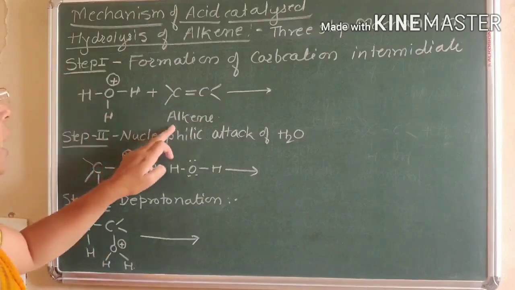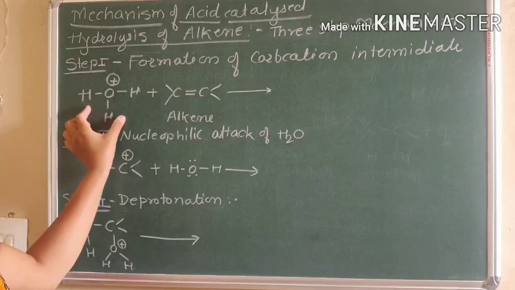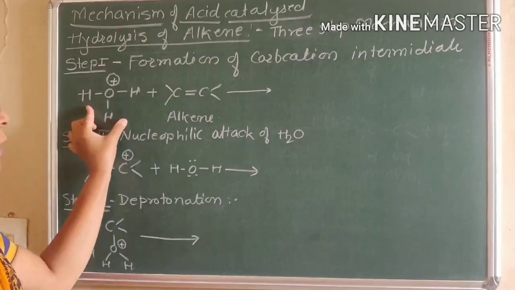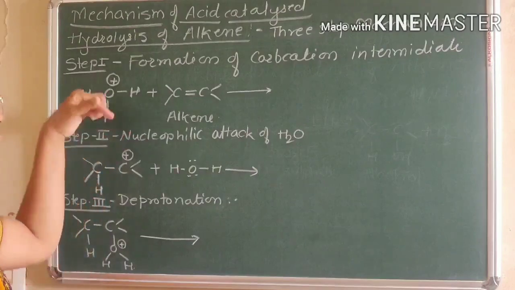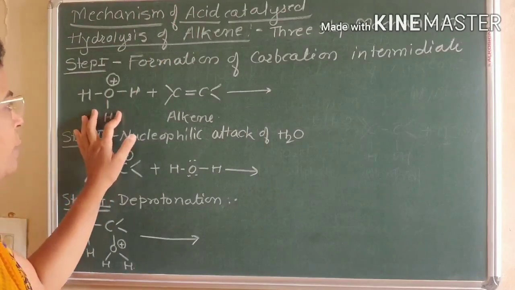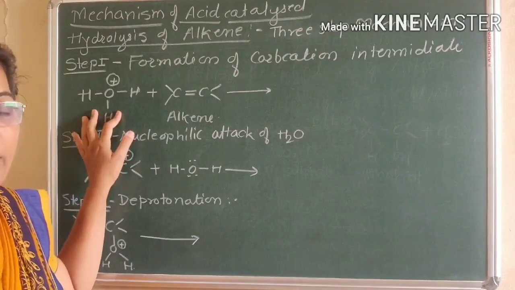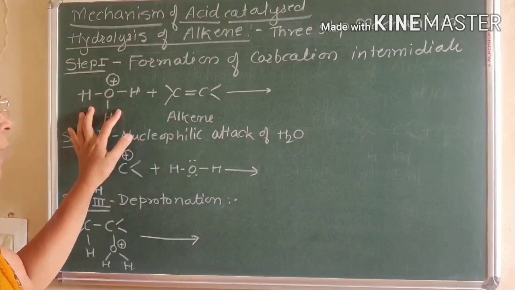Look here, this alkene C double bond C reacts with H3O plus. Hydration is carried out, that is addition of H2O, and it is carried out in presence of acidic medium. Therefore this H2O becomes H3O plus by the absorption of a proton.